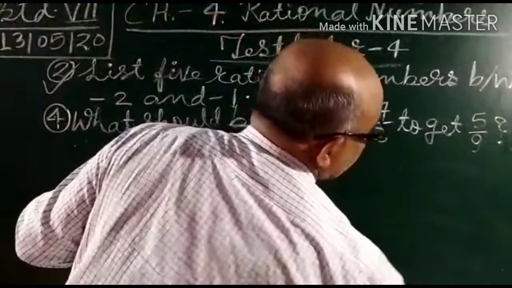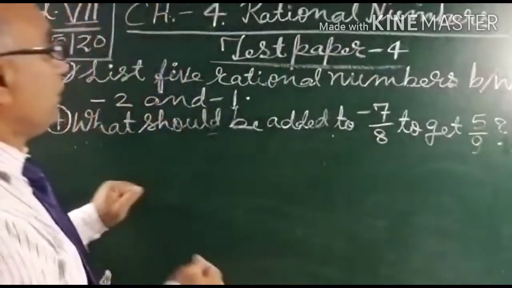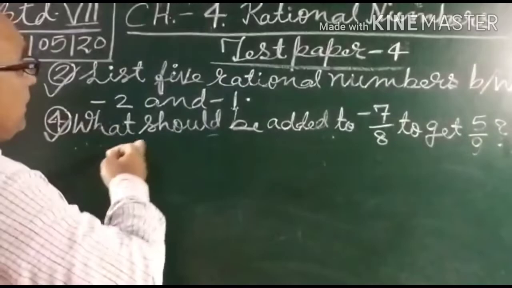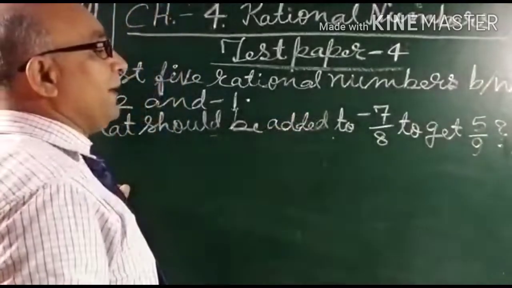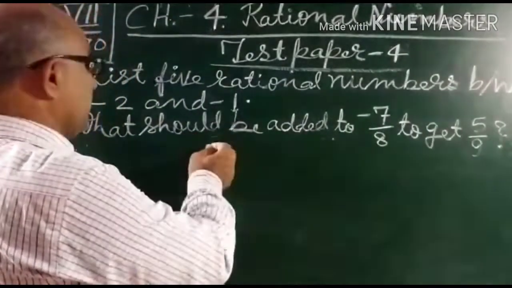Now I shall solve question number 4. Question number 4 is, what should be added to -7 by 8 to get 5 by 9?